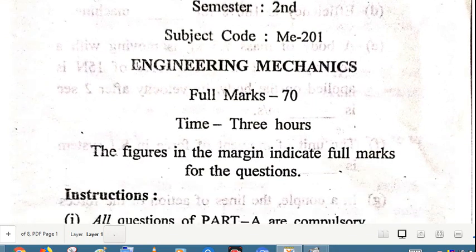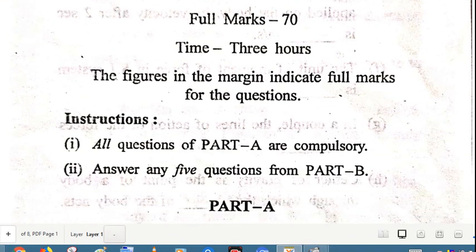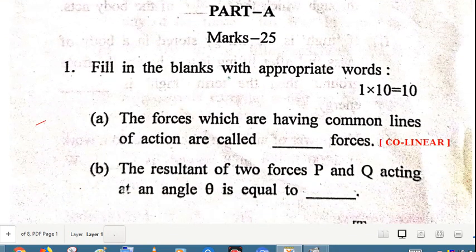I'll start with Part A solution. Let's get started. The first question is a fill in the blank: the forces which are having the common line of action are called. If the forces have a common line of action, the force system will be called co-linear.